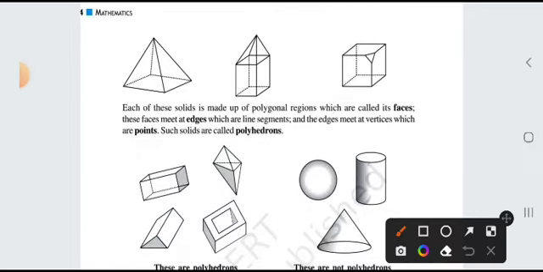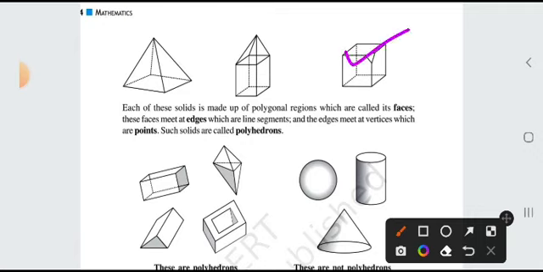Now you can see that this figure will be called a polyhedron. Why will this be a polyhedron? Because it has faces of polygons. What are the different polygons on its faces? The lower one is a square, and the side faces are triangles. Likewise, this solid object will come under polyhedrons because its surfaces are polygons.